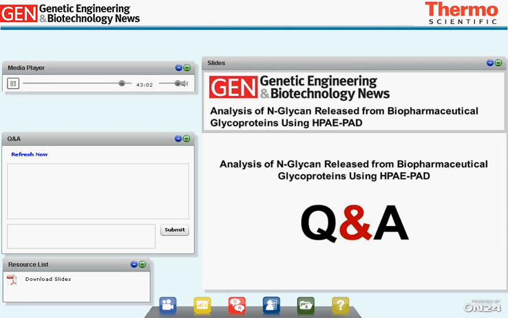Very good. Okay. Now, how do you distinguish between sialylated N-glycans containing N-acetylneuraminic acid and N-glycolylneuraminic acid? These two different sialic acids have different retention characteristics on the PA200 column. So glycan structures containing N-acetylneuraminic acid elute earlier than the structures containing N-glycolylneuraminic acid, and for both we have reference standards.